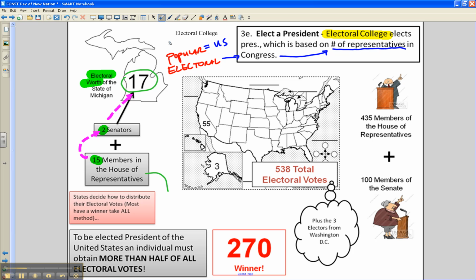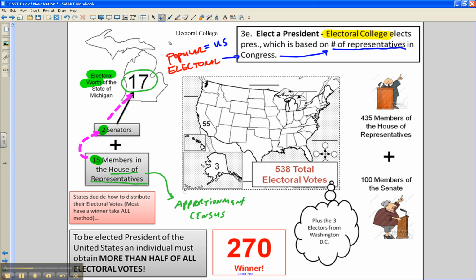Now, the way the variance comes in is it's based on the House of Representatives, because each state can have a varying amount. It varies every 10 years with a process which is known as apportionment. Apportionment is representative of the population, and it varies when we count every 10 years in our census.